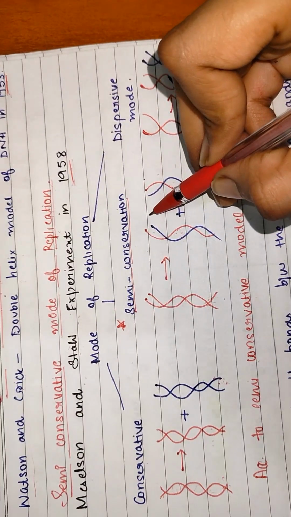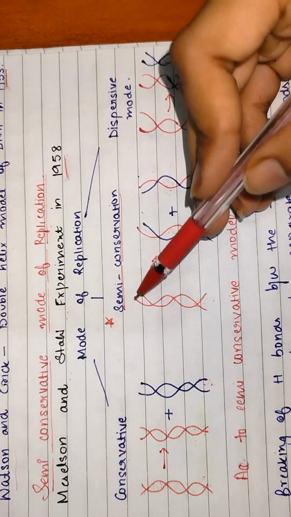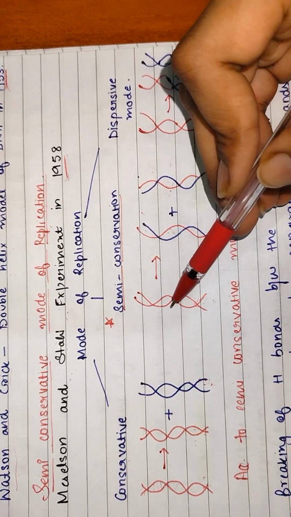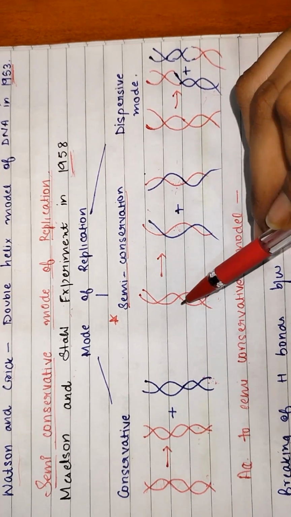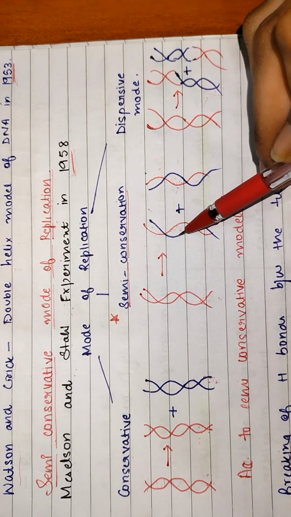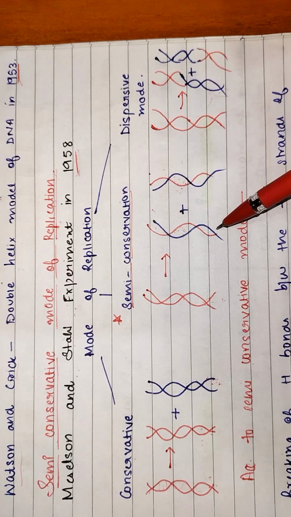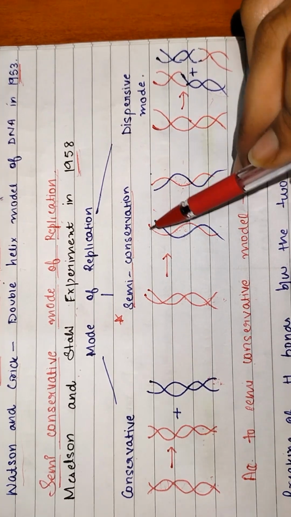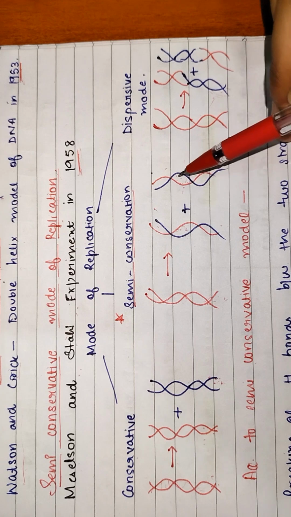Whereas in the semi-conservative mode of replication, suppose these are the two strands of DNA. They get separated into two strands, and each strand acts as a template and synthesizes its own complementary strand. In this way it is semi-conservative, meaning the newly synthesized DNA has one parental strand and one newly synthesized strand. So this is the semi-conservative model.